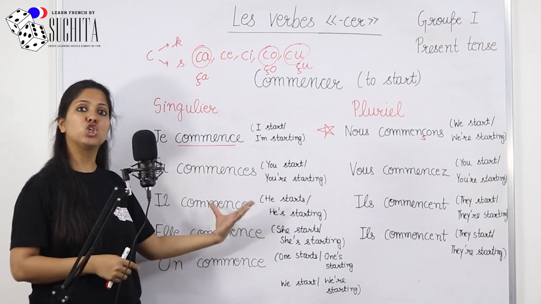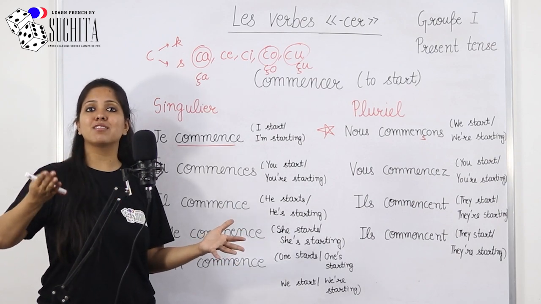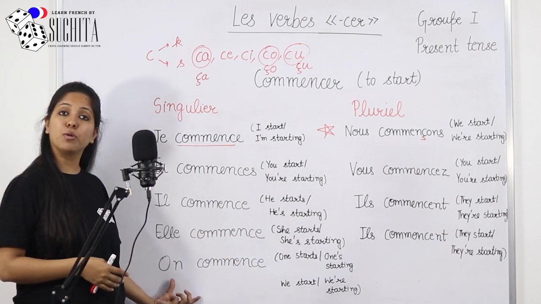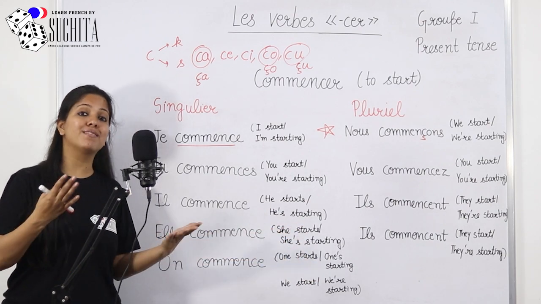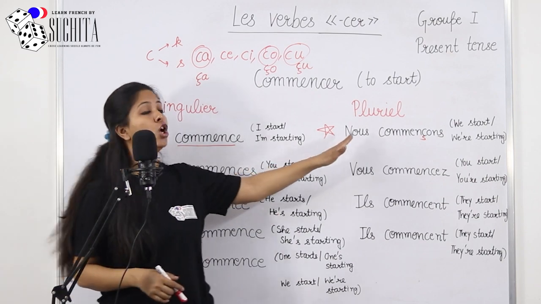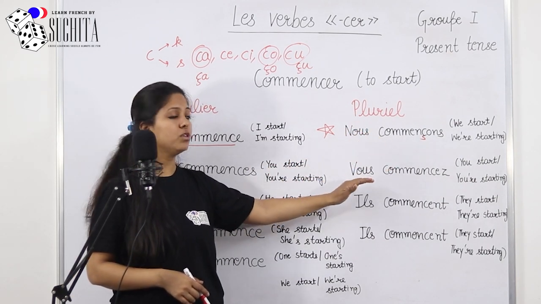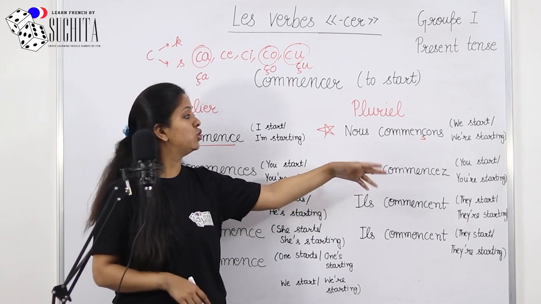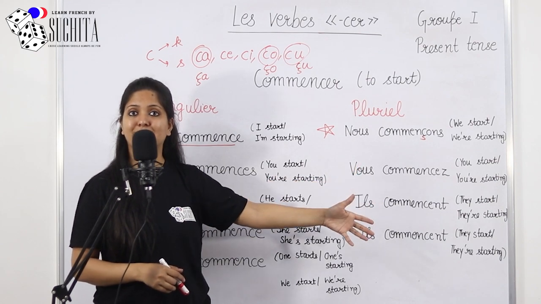Elle commence, she starts, she is starting, or it starts or it is starting. On commence, one starts or one is starting, or it can mean we start or we are starting. Nous commençons, we start or we are starting. Vous commencez, you start or you are starting. Ils commencent, they start or they are starting.